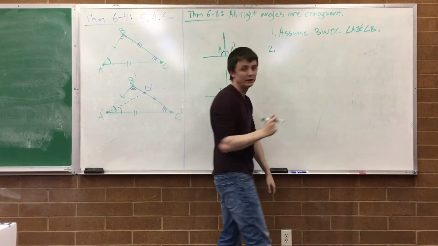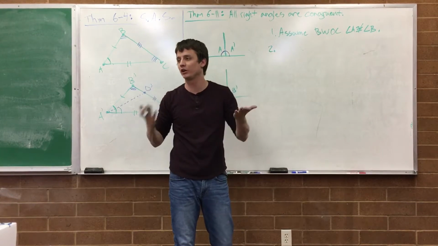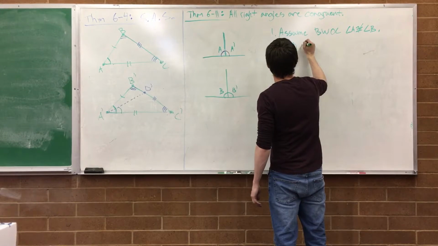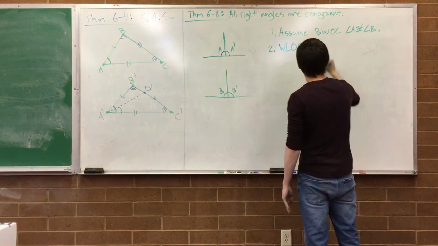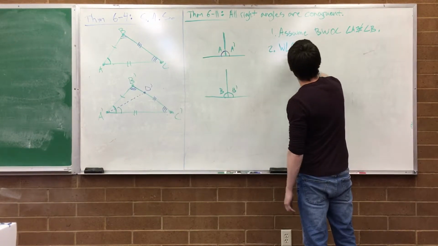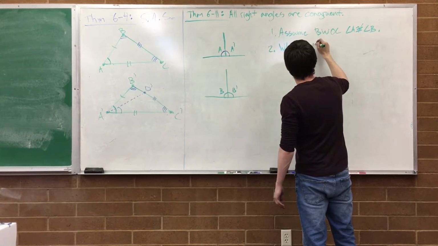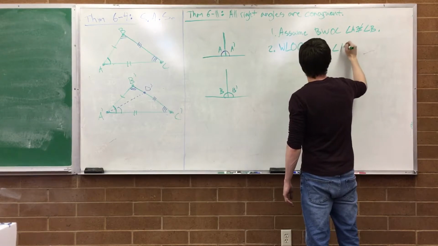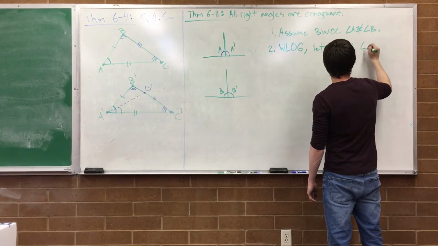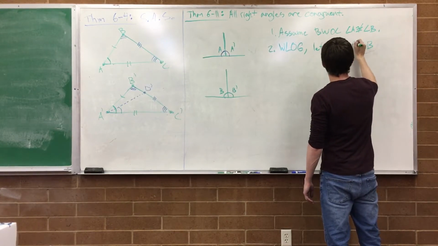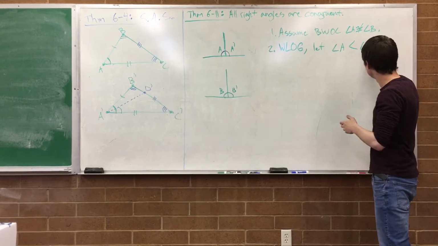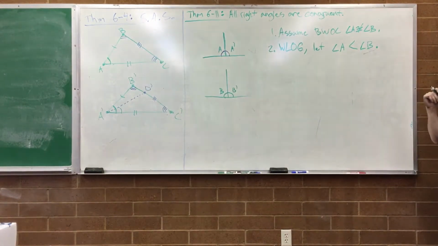So here's the way that we usually say that. If it doesn't matter which one we call greater than or less than, we typically say without loss of generality. Let angle A be less than angle B. So what does it mean for angle A to be less than angle B?